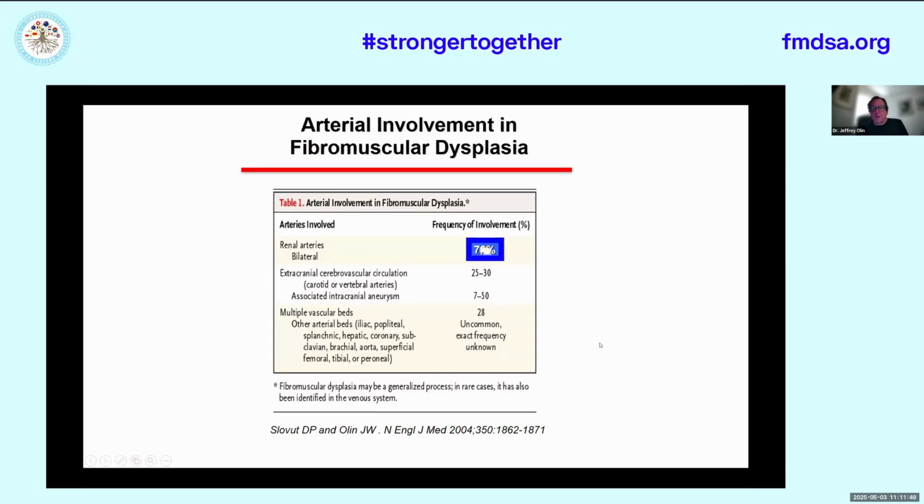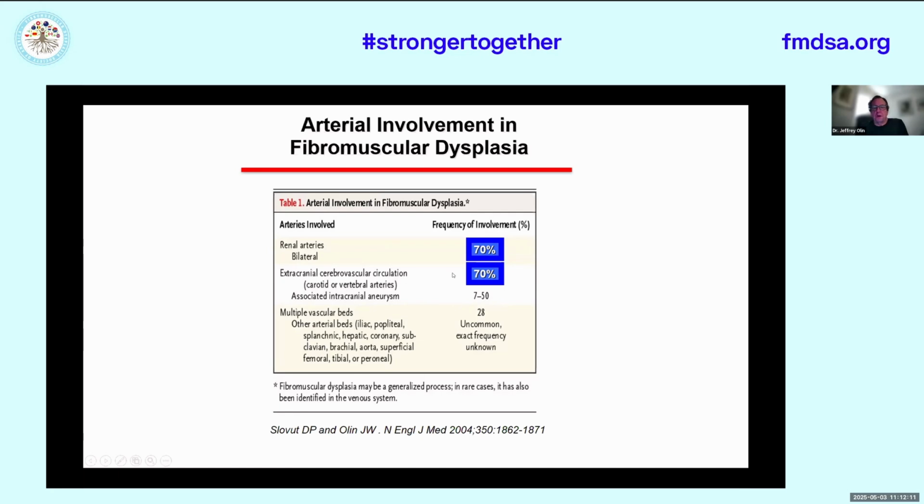Well, we now know that this is wrong. It occurs about 70% of the time in the renal and the carotid or vertebral arteries, and it occurs much more frequently in multiple vascular beds than 28%.